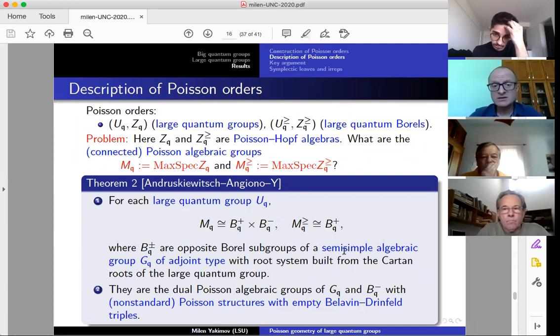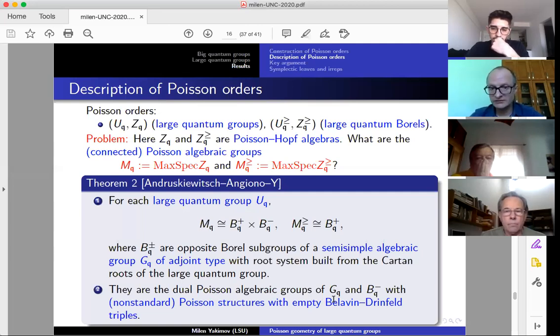And our theorem says that they come from this Belavin-Drinfeld classification in a special case where there are triples classifying these Poisson structures, called Belavin-Drinfeld triples, and those have to be taken to be the empty triples. But these are not the standard Poisson structures in general that would appear in the work of De Concini-Kac-Procesi. They're somehow more complicated structures.